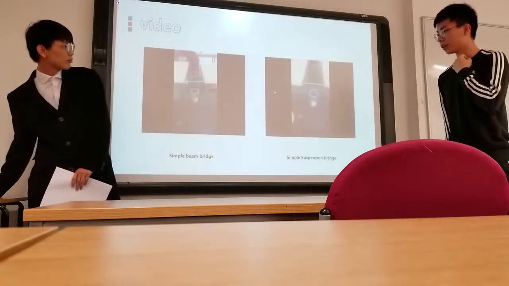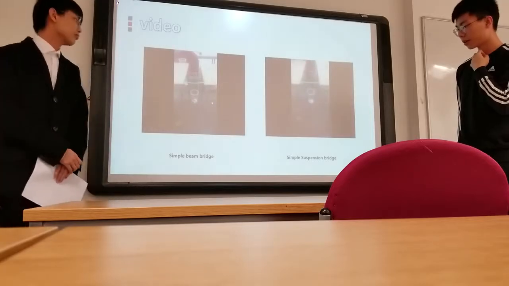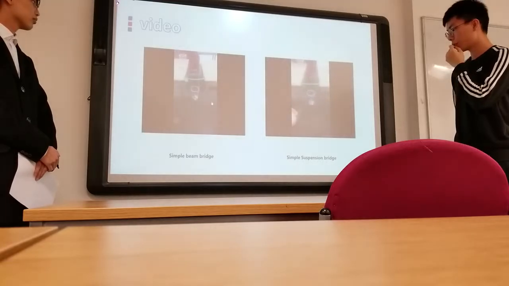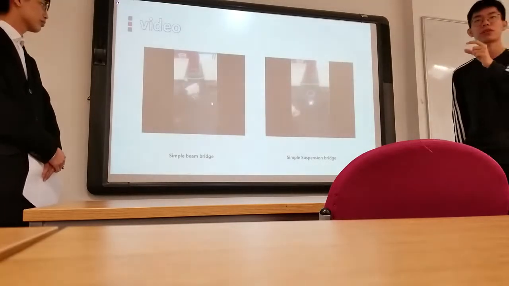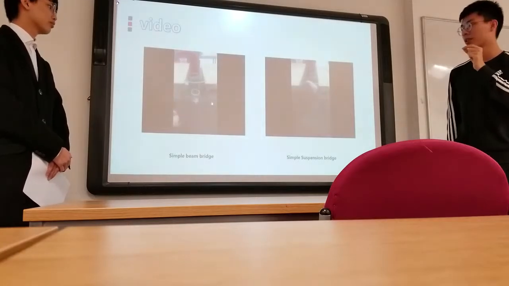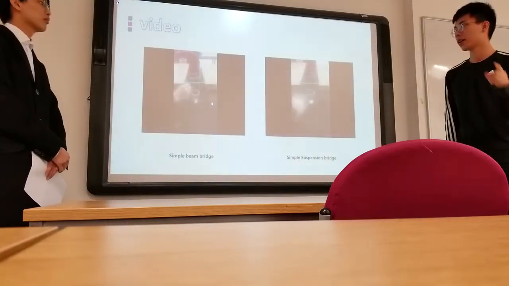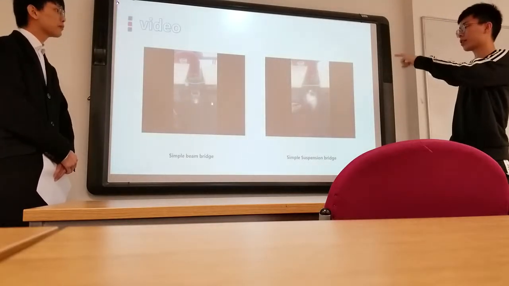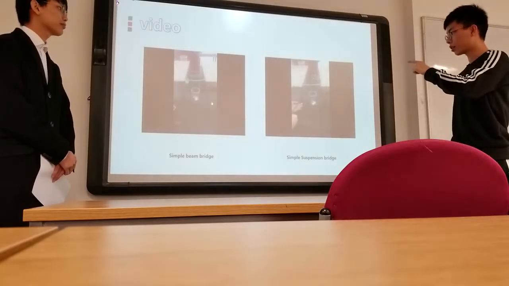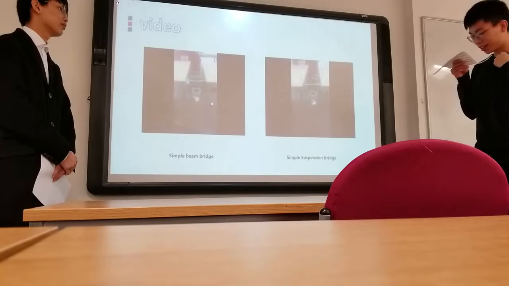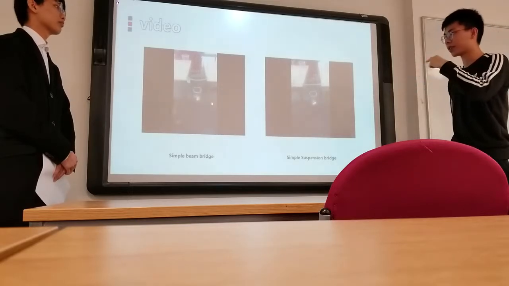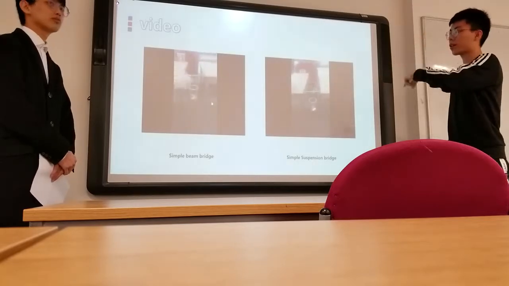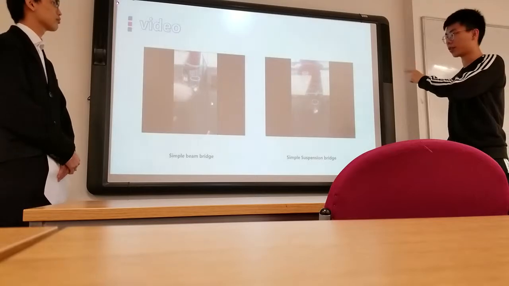This is the beam bridge. Then we replace the beam bridge with the suspension bridge. For the suspension bridge, we cut a 2 meter long line, and one end of the line is fixed on the table, and the other end goes over the first bridge tower, wraps twice around the surface and is fixed. Then it goes over the other bridge tower and is fixed on the table.